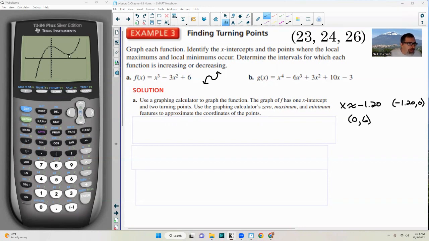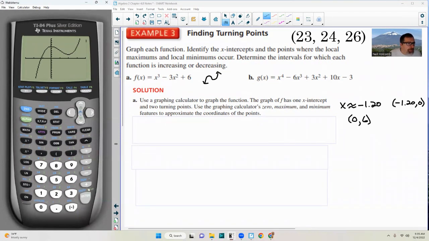I'm looking for a relative minimum. So I hit second, calculate minimum, which is 3. Enter. I want a left bound, which is right here, enter. And I want a right bound. So I go to the right of that minimum, which is there. So I know that minimum is between these two.